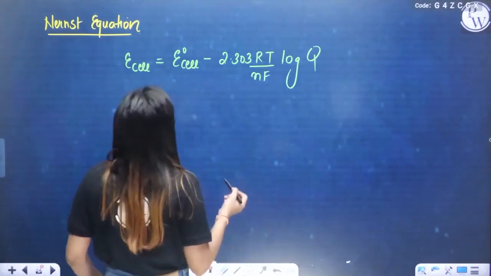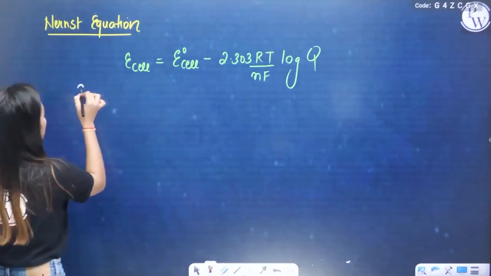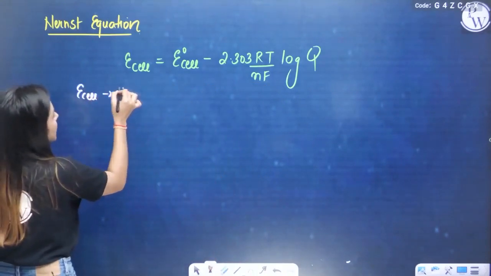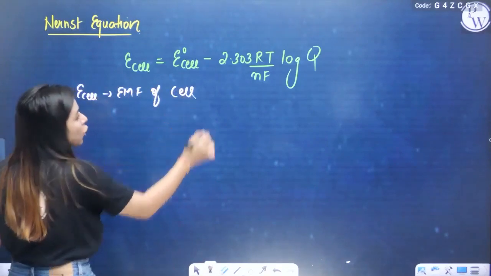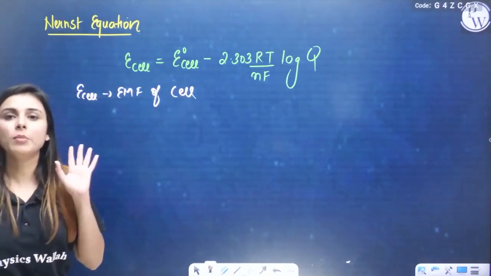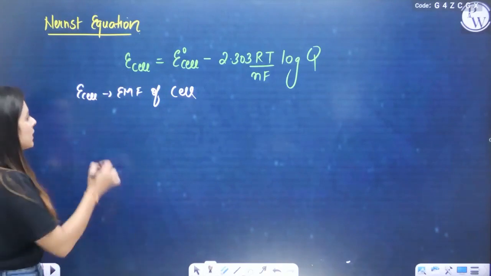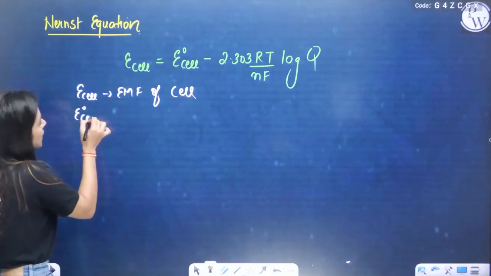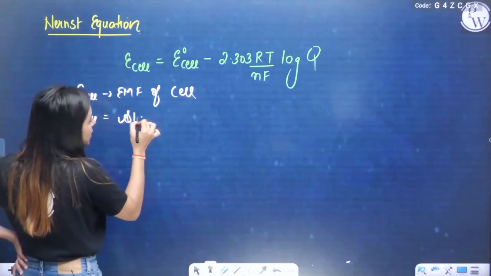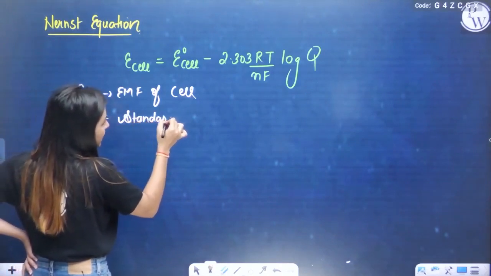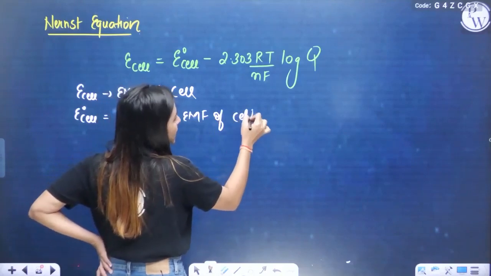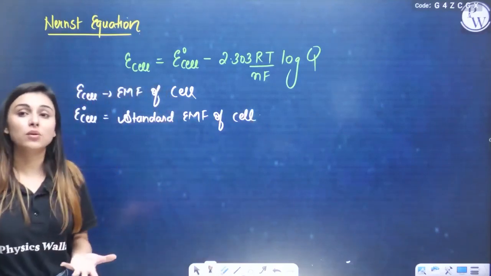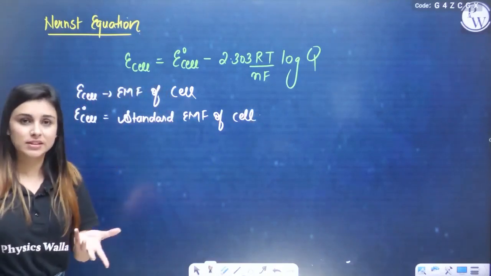From here, if I talk about E of cell, what is E of cell? EMF of cell. Normal EMF of cell, not at standard conditions. It is the normal EMF of cell, which you will be calculating. What is E naught of cell? This was the standard EMF of cell which we calculated at the standard conditions.